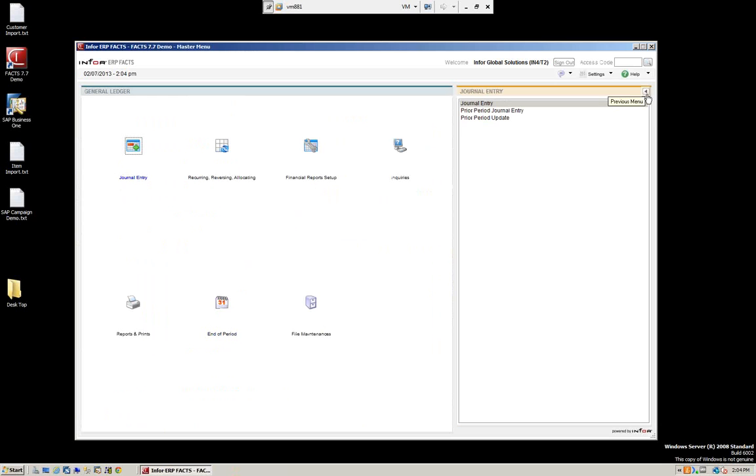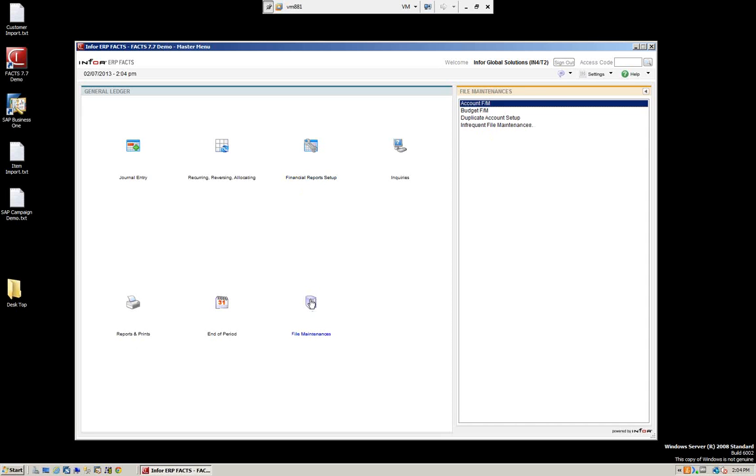So here what we're going to do is go into the financial reports setup. And here's where we're going to determine the information. As I said, in this demo, we have 2 branches. We can see our setup in our general ledger.